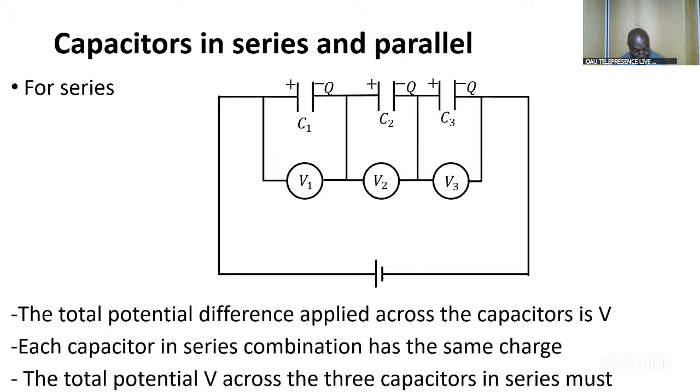It will be 0.2 times 0.2, and that will give us 0.04 meters squared. So if you substitute that one, you get your C, and your C will just be equal to 3.54 times 10 raised to power minus 11. And your Q, which is CV, will just be equal to 1.77 times 10 raised to power minus 9 coulomb.